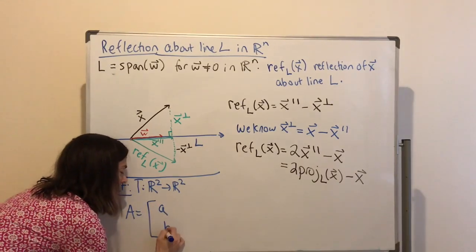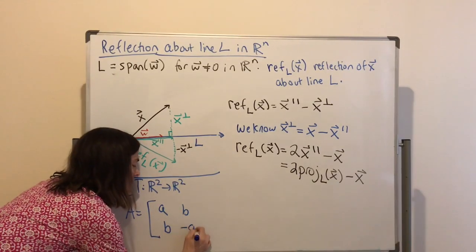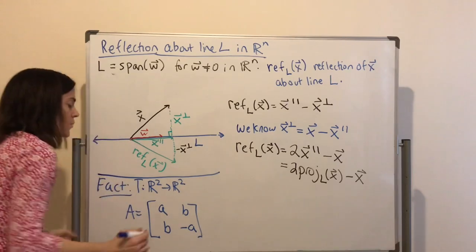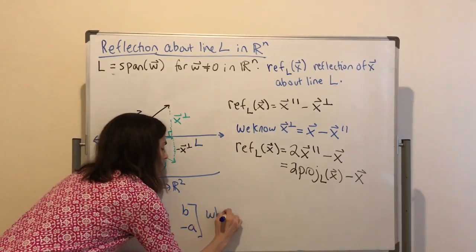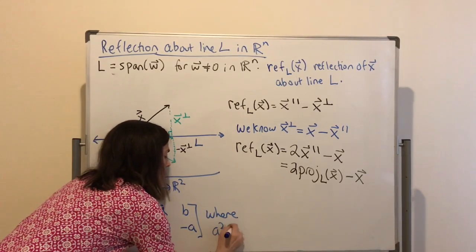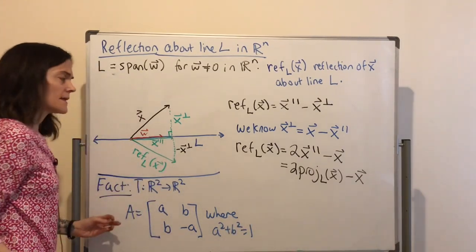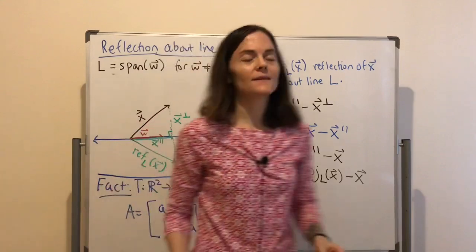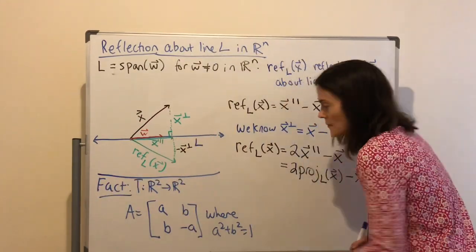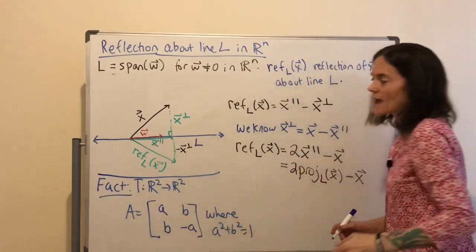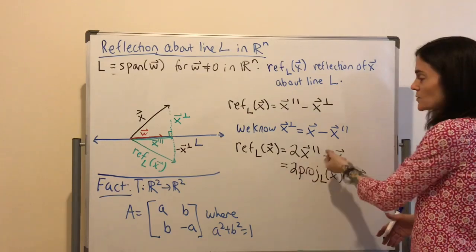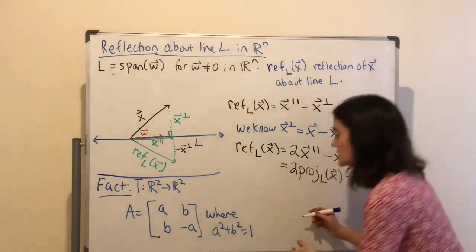It's A, B, B, minus A, where, well, we will have that A squared plus B squared is 1. But how do you find these? Okay, well, because it has this nice form, you don't have to compute this for both E1 and E2.